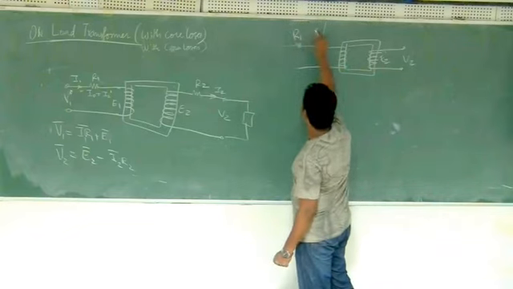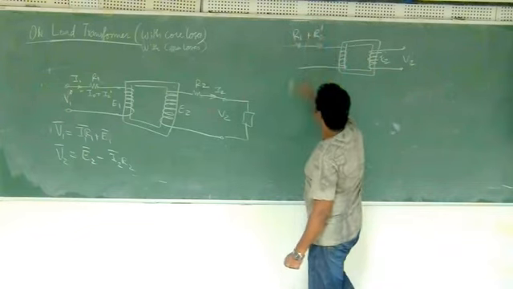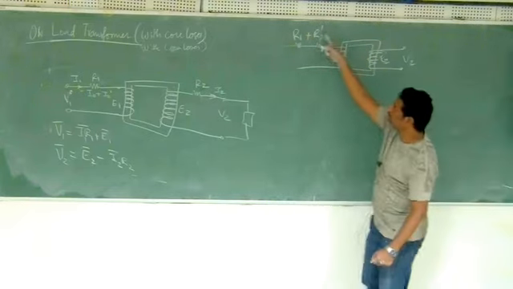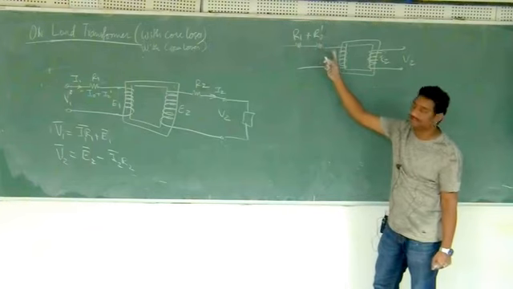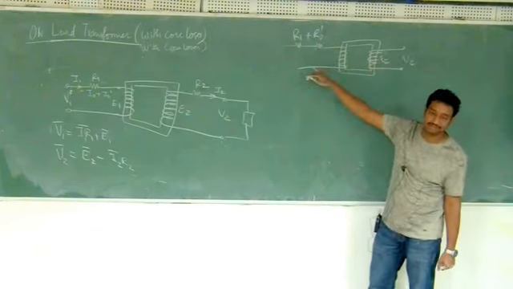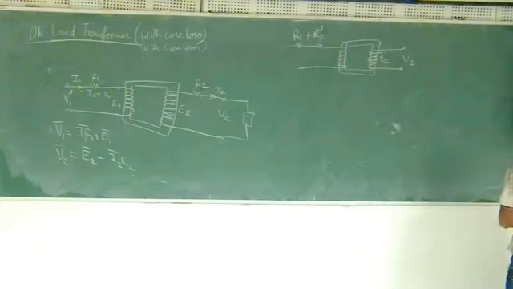So this one is R1, R2 dash. These two I can add. R2 dash is some kind of equivalent resistance: R2 transferred from the secondary side to the primary side will appear as R2 dash. Now the question is, what is the value of R2 dash?